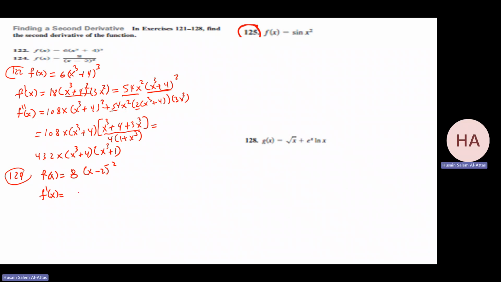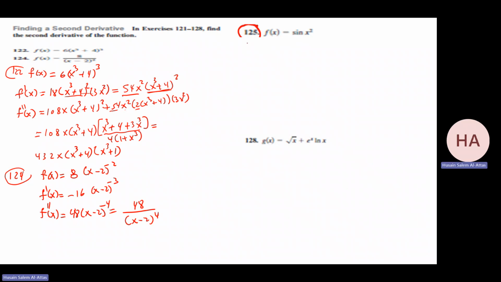It will be minus 16 x minus 2 to the power minus 3. F double prime, 16 times 3, which is 48, x minus 2 to the power minus 4, which can be written 48 over x minus 2 to the power 4. Yeah, easy one.